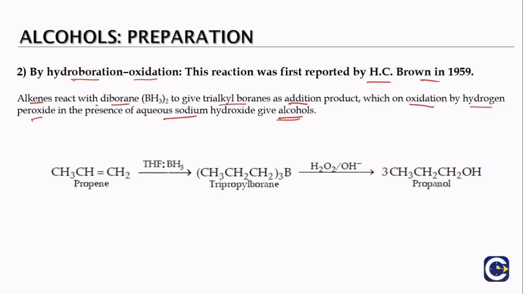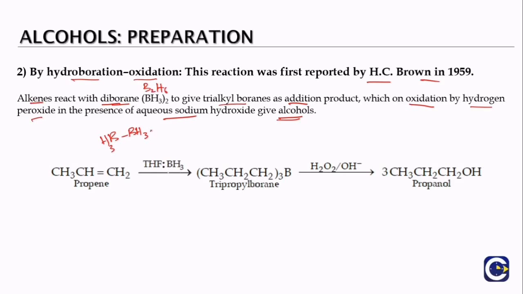So first of all, we should know about diborane. Diborane is actually a boron hydride, the dimer of boron hydride. BH3 is boron hydride, and when two molecules of it combine, they form diborane. We can also write diborane as B2H6.